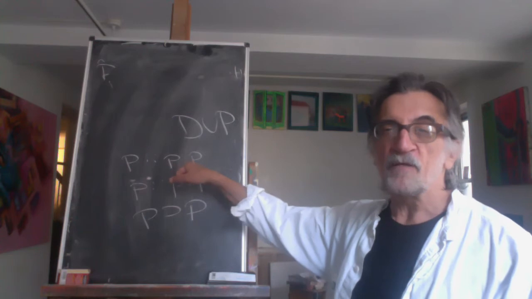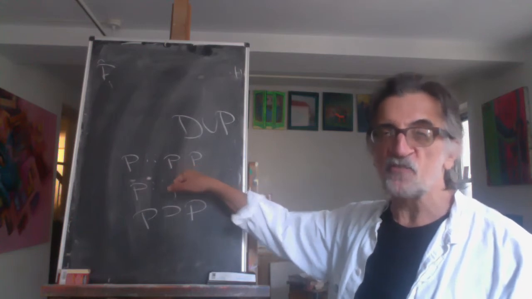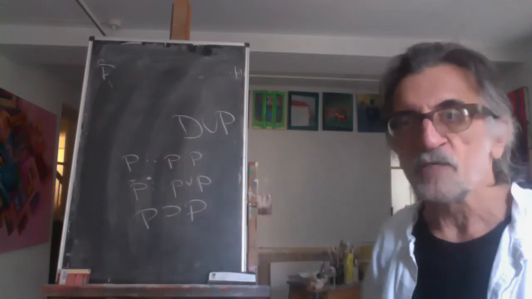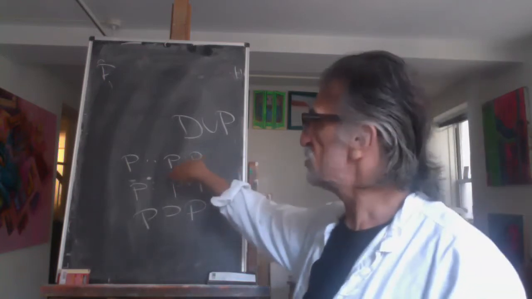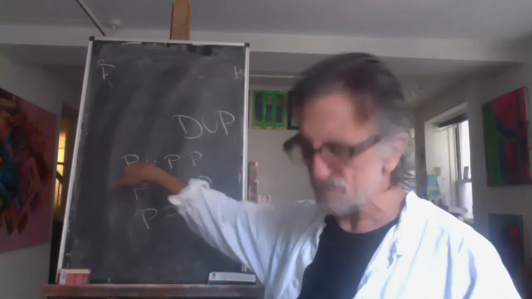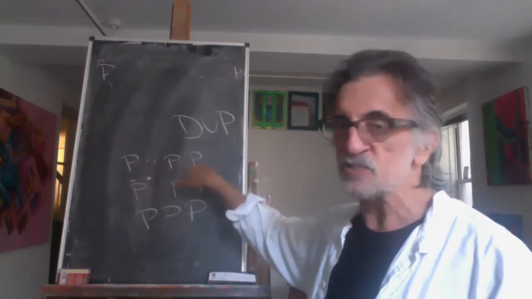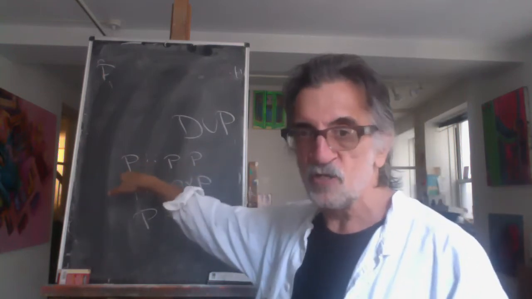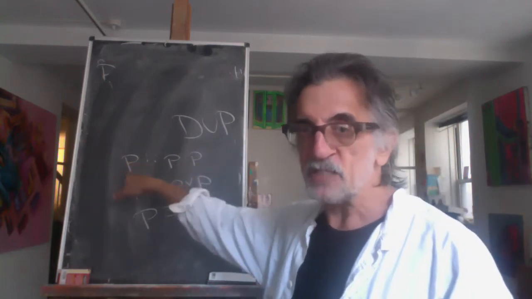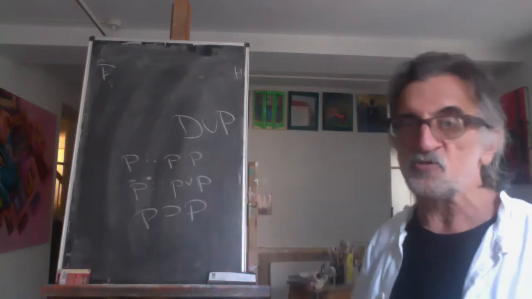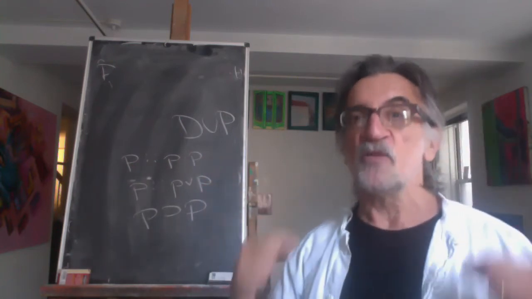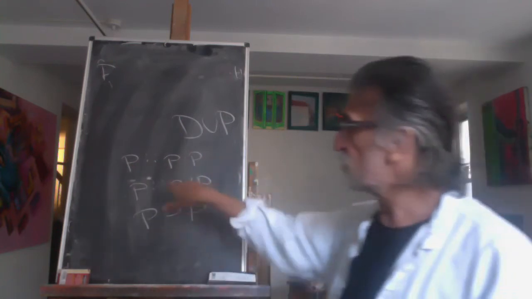Take P and P. Is it true or is it false? Trick question. P and P is true if P is true, and false if P is false. P is true if P and P is true. They're true at the same time. They're false at the same time. Likewise here.